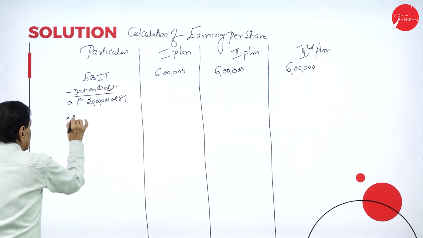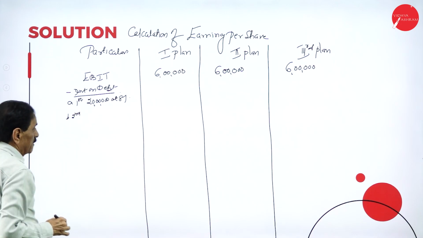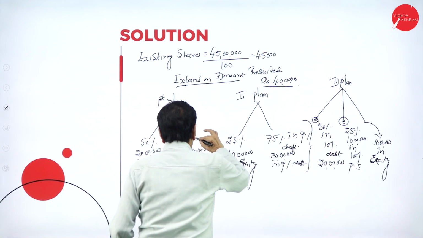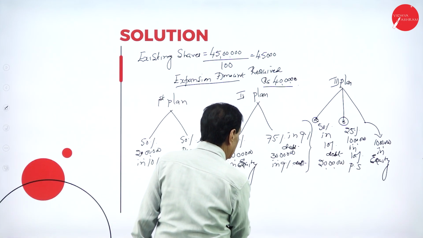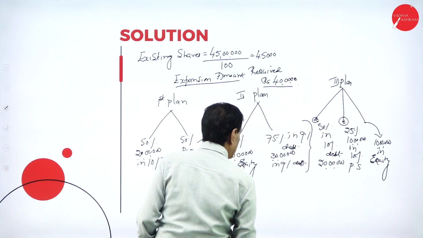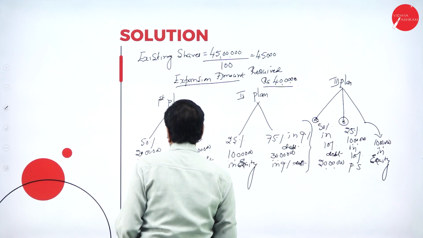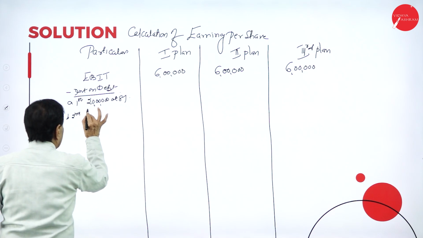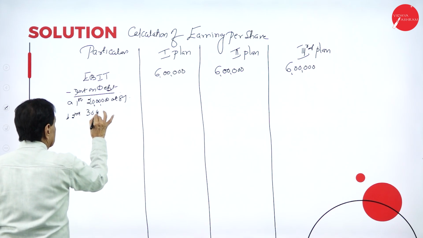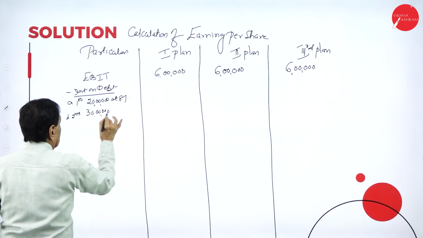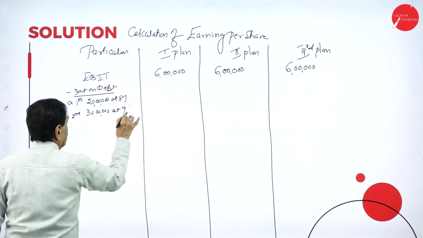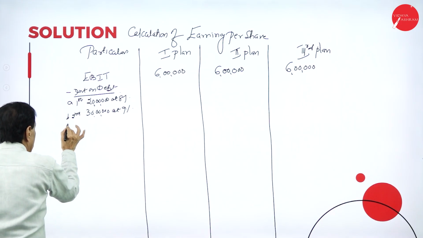Second plan: 30 lakh, 9% debt. 30 lakh at 9%.